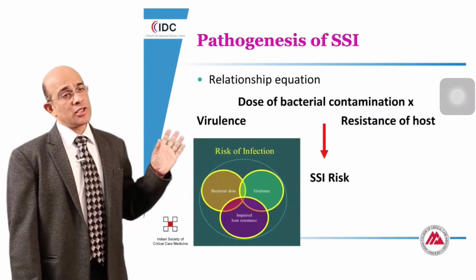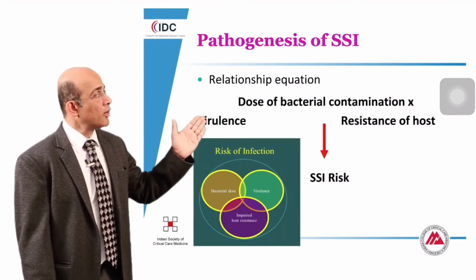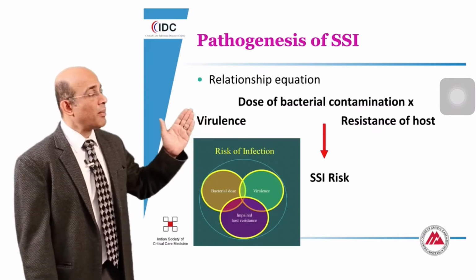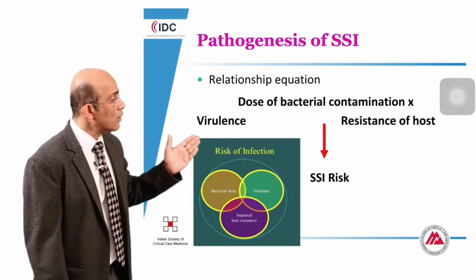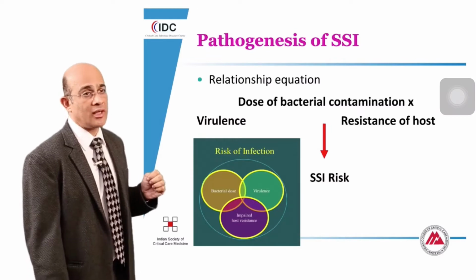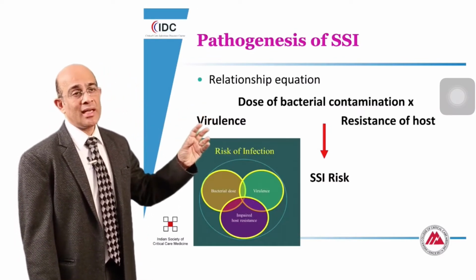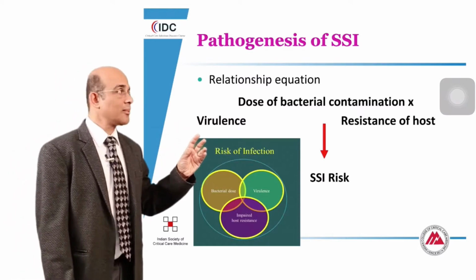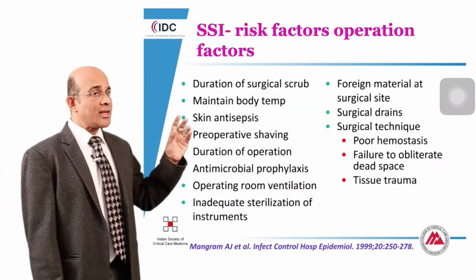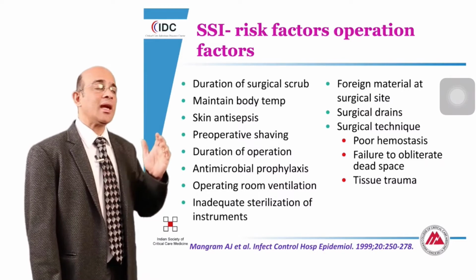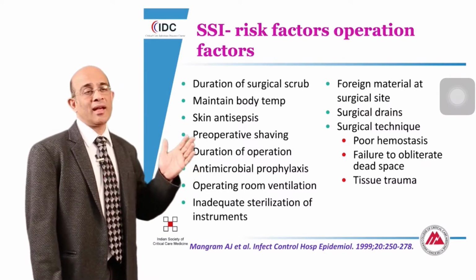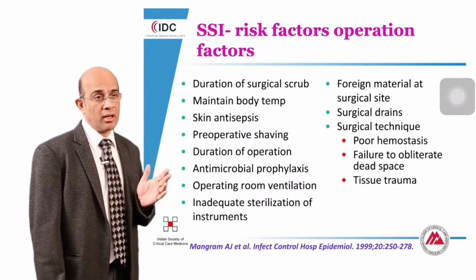The pathogenesis of SSI is a result of interaction between the bacterial dose, the bacterial virulence, and impaired host resistance. So all these contribute to a patient developing a surgical site infection. The risk factors for surgical site infections can be categorized as operation related or patient related.